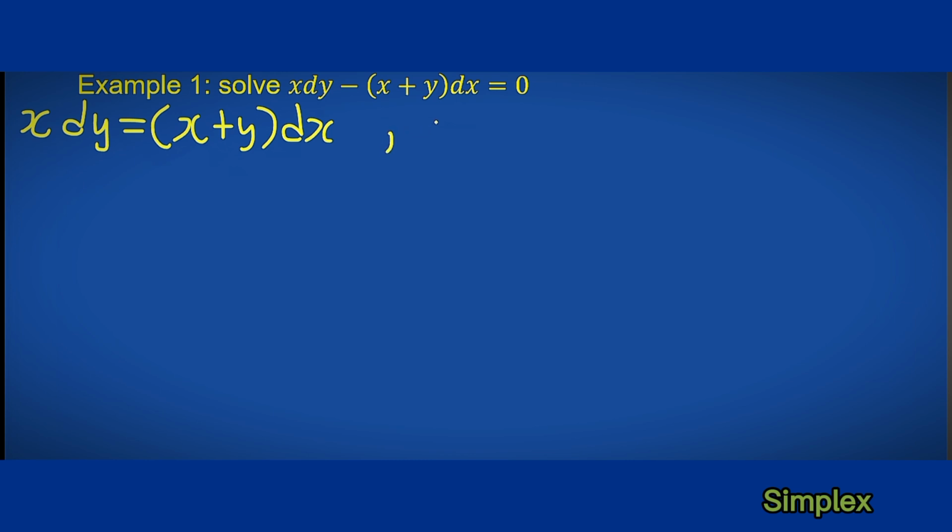Dividing both sides by x and dx, we have dy/dx is equal to (x plus y) over x. Remember, in solving a homogeneous equation, anytime we see y, we substitute it for vx. From this equation we can see that dy/dx is actually a function of y over x, because we have y at the numerator and x at the denominator.